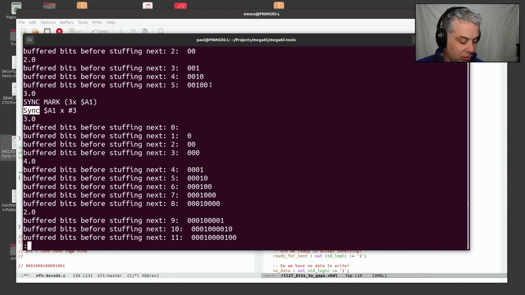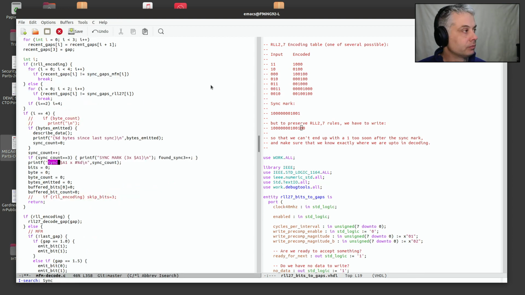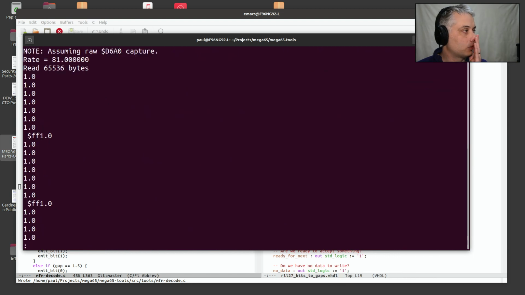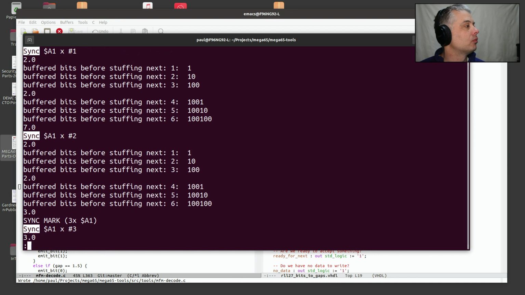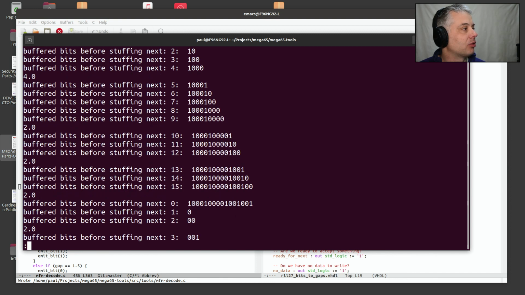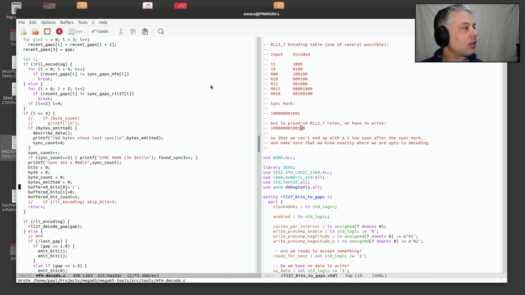Still, I think this is what we've now got wrong. Buffered bits 1, 1. Okay, let's try that. Right, 3, 4, 2, 2, I think is what we said we would expect.